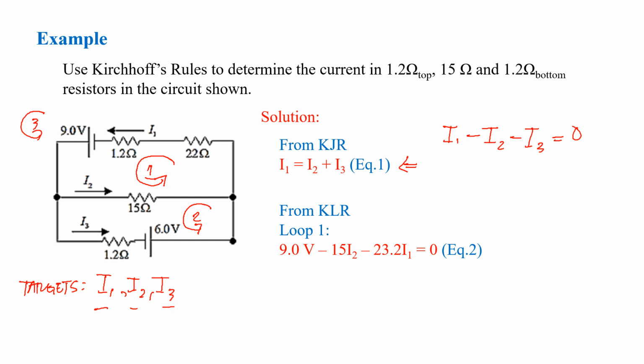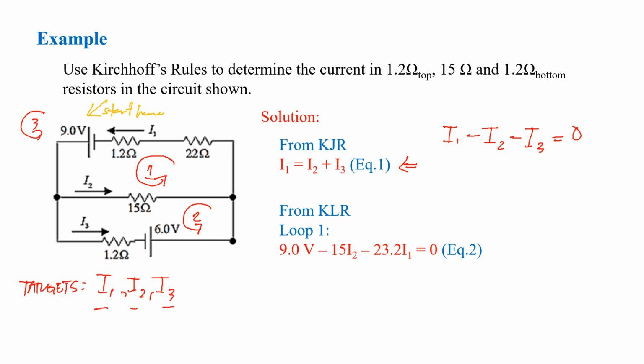So your loop 1, okay, let's start traveling from your 9 volts. Let's start traveling here. Start here. If we start here, then our travel follows again the direction of the loop that you drew.